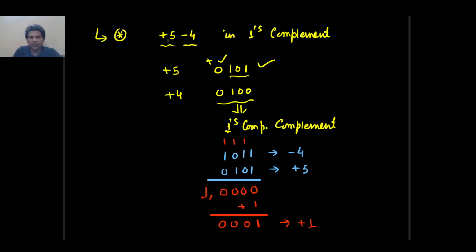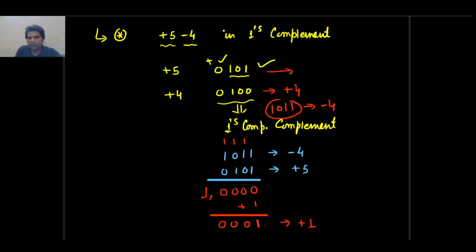Now how do we represent minus 4? First we write plus 4, then take the ones complement of this one, which is 1 0 1 1. So this is my minus 4.